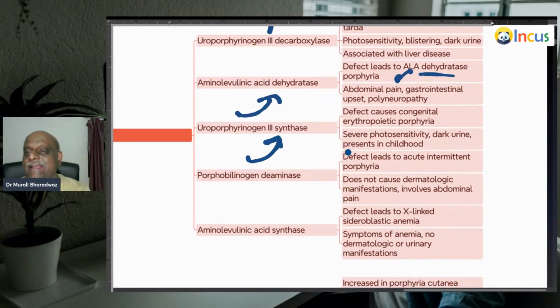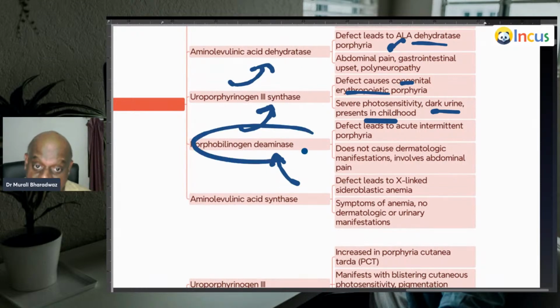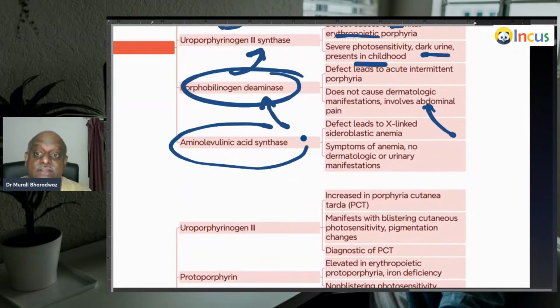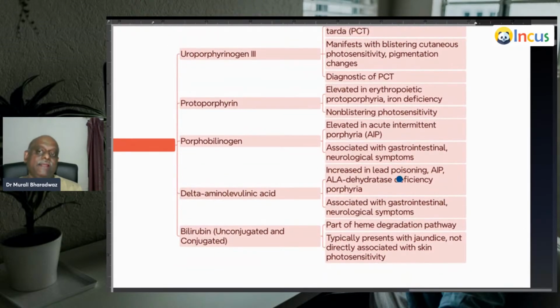Uroporphyrinogen III synthase: congenital erythropoietic porphyria, dark urine presenting in childhood. Porphobilinogen deaminase: acute intermittent porphyria. It does not lead to dermatological manifestations. It involves abdominal pain. Aminolevulinic acid synthase leads to X-linked sideroblastic anemia. Symptoms of anemia: no dermatological, no urinary manifestations. That's what you need to remember.